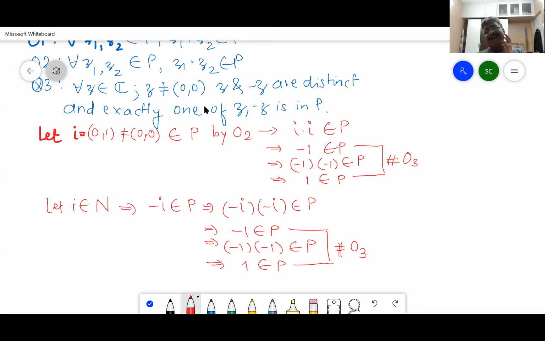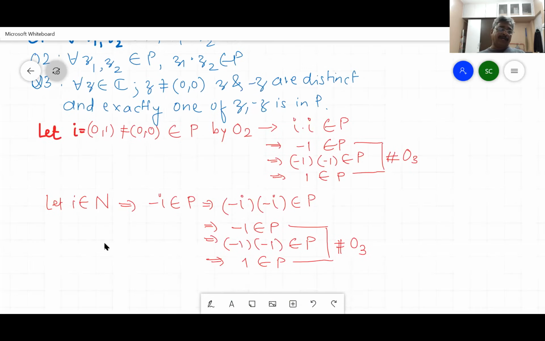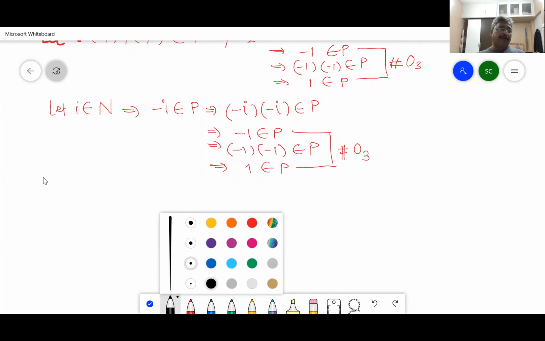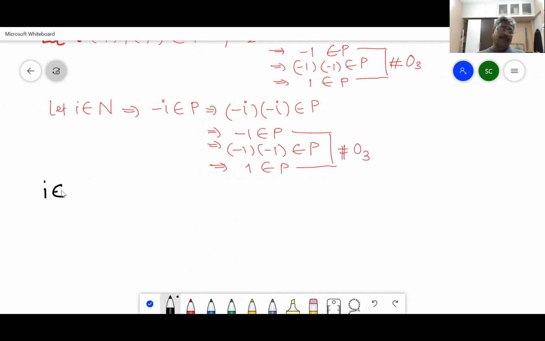Therefore, i cannot be accommodated in P or in N or in 0. I does not belong to P, i does not belong to N, and i is not equal to (0, 0).